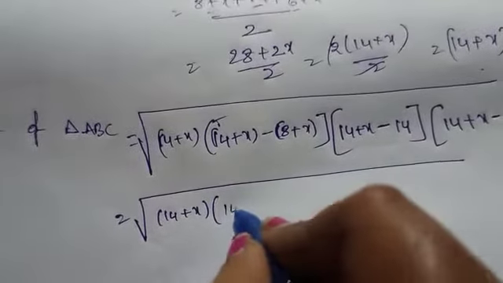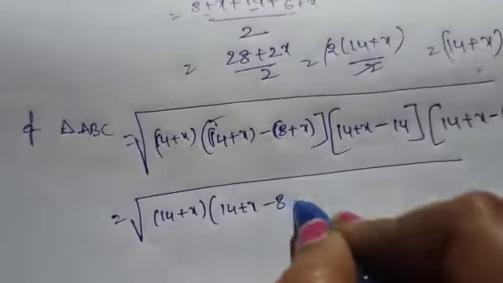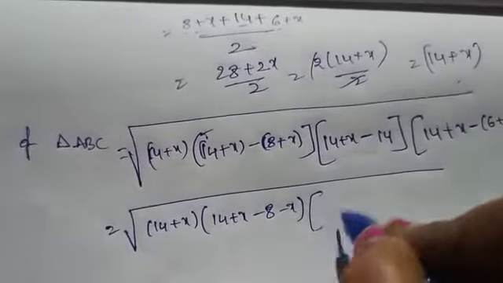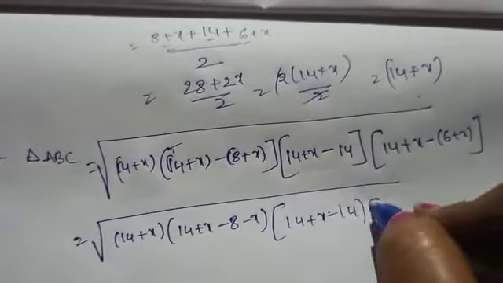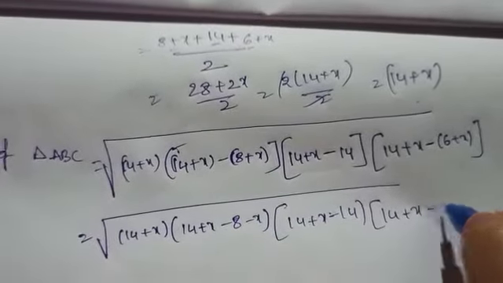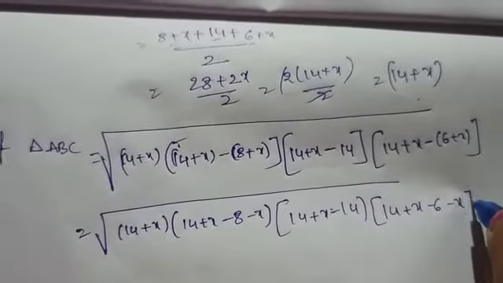So 14 plus x into (14 plus x minus 8 minus x), (14 plus x minus 14), (14 plus x minus 6 minus x).